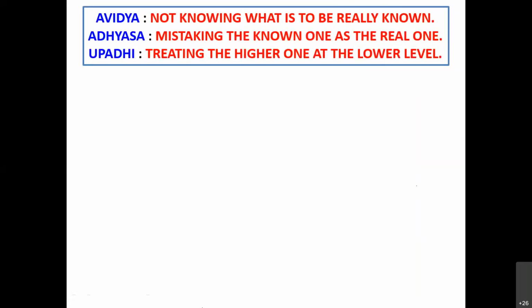This way, mistaking that the body itself is me, but basically the body is changing. And I am also going from the awakened state to the dreaming state to the sleeping state. So who am I really in the awakened state, or the dreaming state, or the sleeping state? That is where again avidya comes into the picture, not knowing what is to be really known.